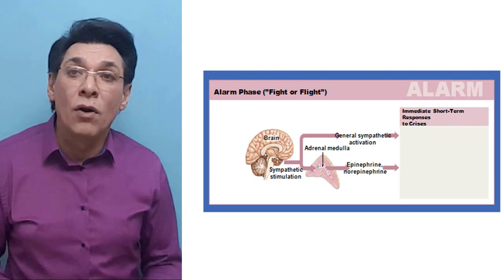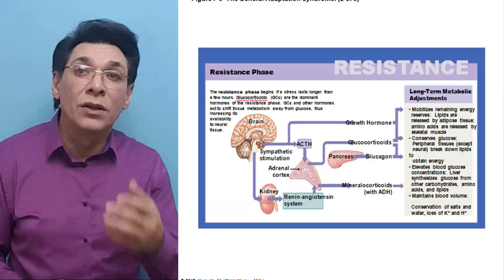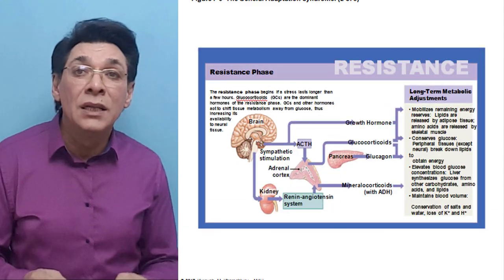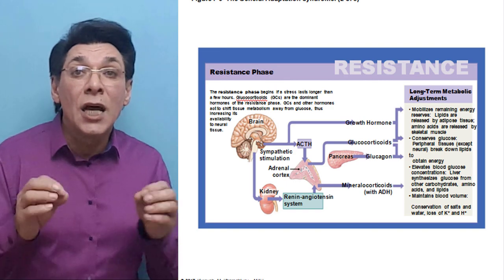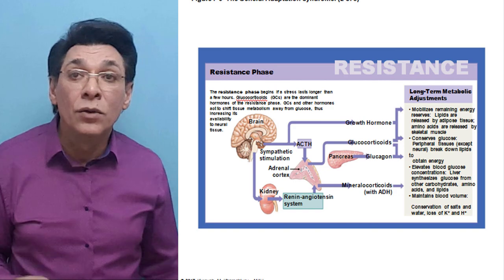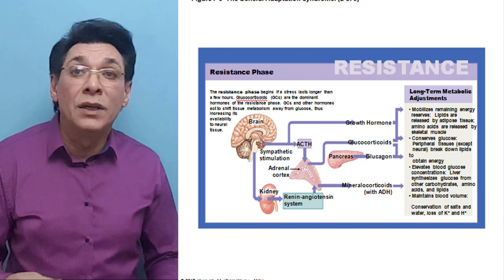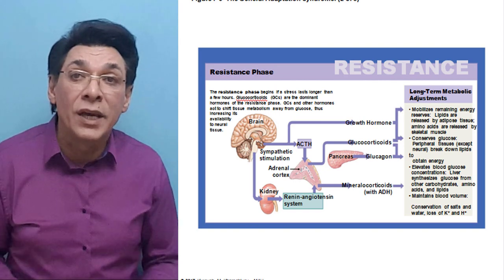Next stage of stress is resistance phase. The resistance phase begins if a stress lasts longer than a few hours. Glucocorticoids are the dominant hormones of the resistance phase.